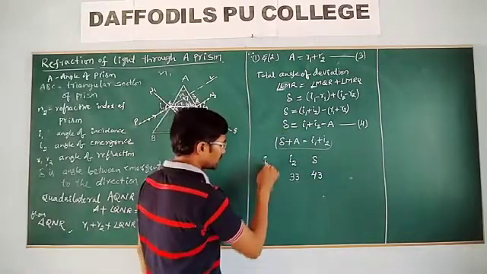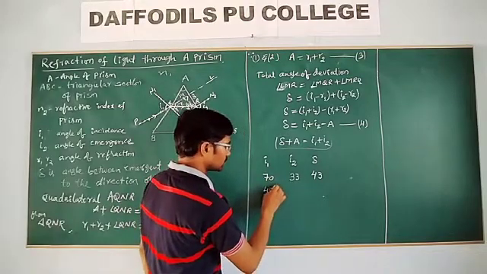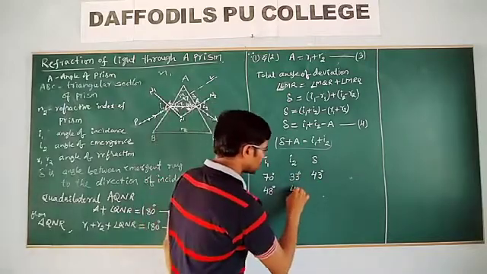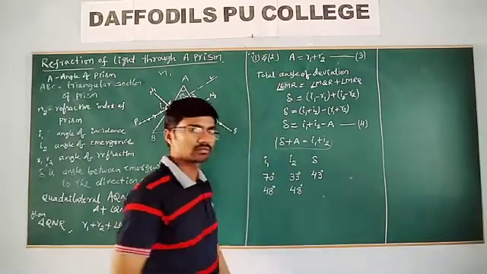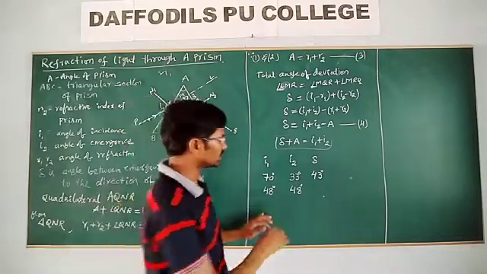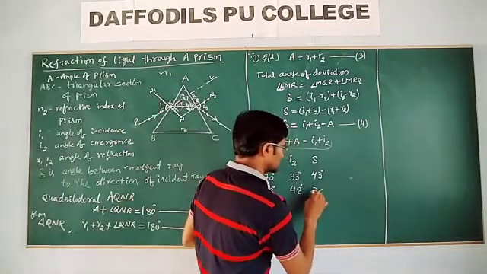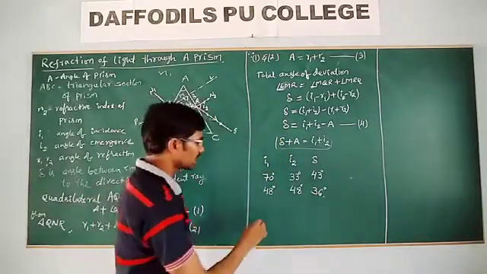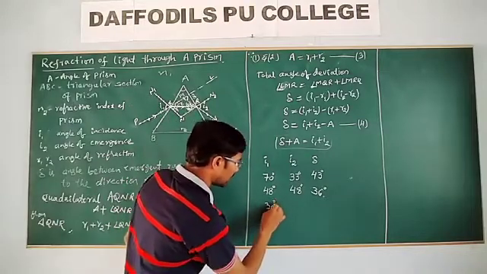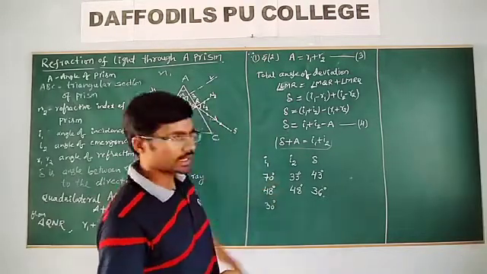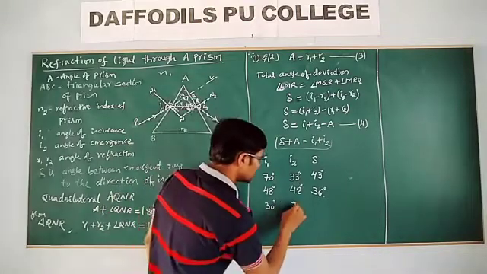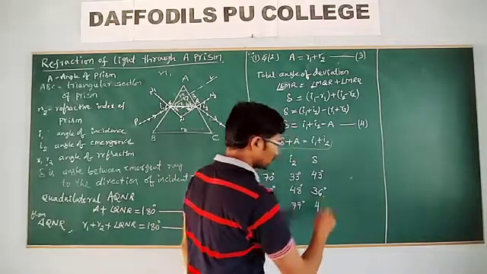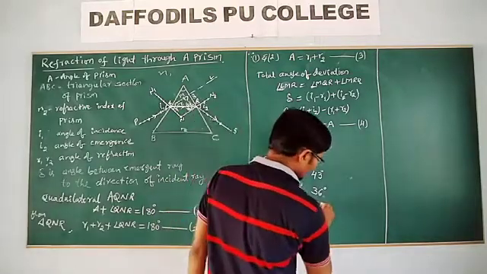Similarly, if you take I1 as 48 degrees, the corresponding angle of emergence is 48 degrees, and the deviation is 36 degrees. Similarly, for a 30 degree angle of incidence, we get the angle of emergence as 77 degrees, and the angle of deviation as 47 degrees.